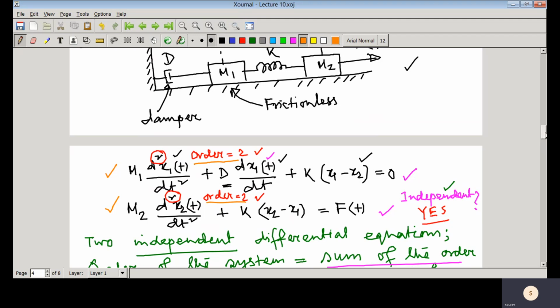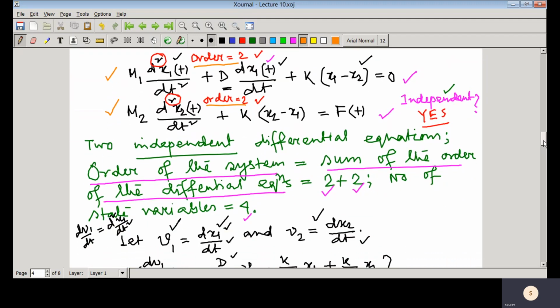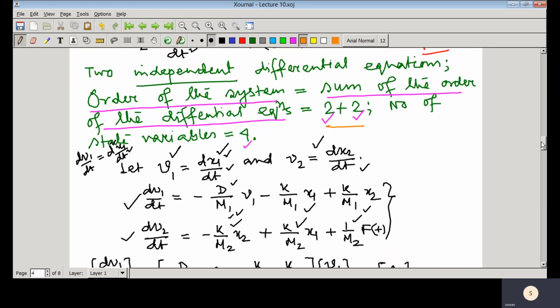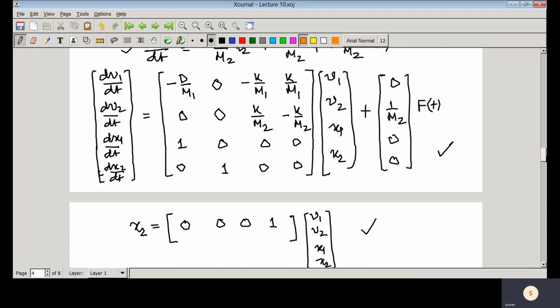If we take the sum of those orders, it tells you how many state variables you need to describe this system. Here in this case it is 4, and the order of that system is also 4. Then we defined the state variables. Two state variables are the positions x1 and x2. The other two state variables are the velocities v1 and v2. Then we have written it in matrix form, and this is the state space modeling.